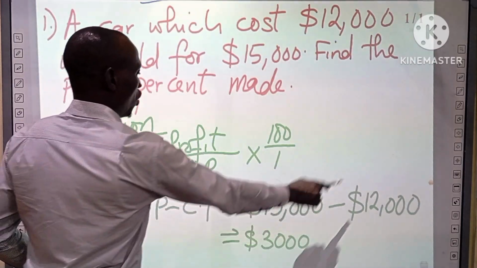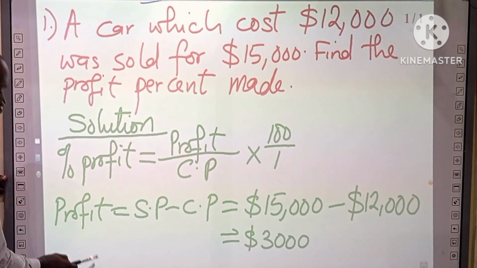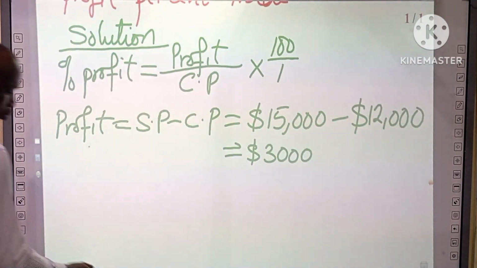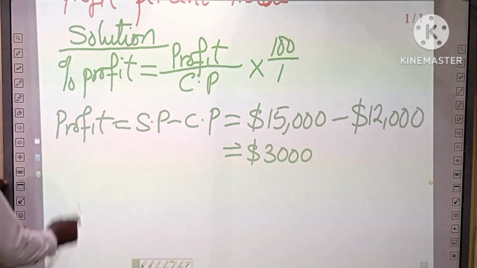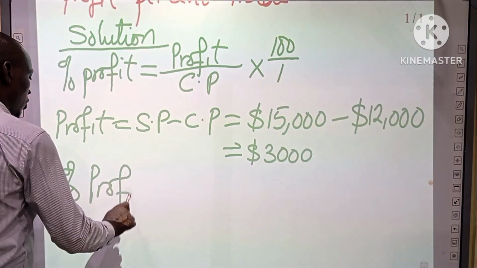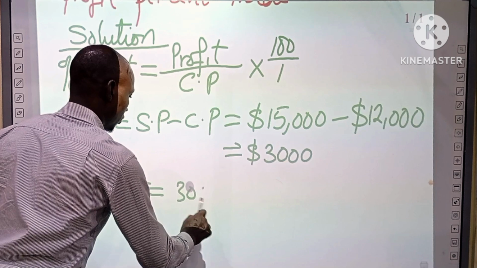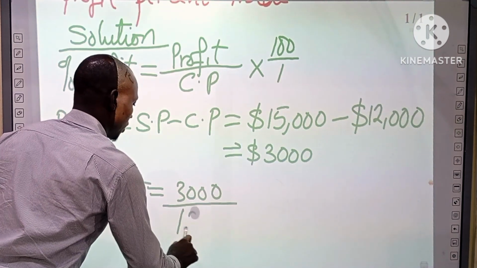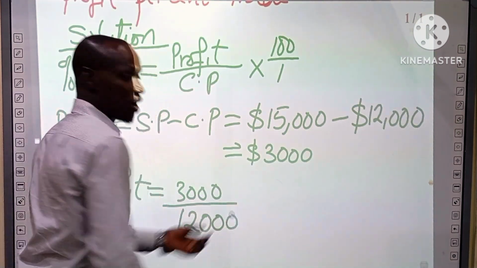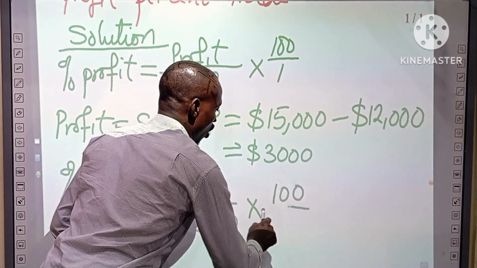The profit over the cost price times 100 all over 1. So we go straight to input this into the formula. Percentage profit will be equal to the profit, which is 3,000, all over 12,000, which is the cost price, multiplied by 100 all over 1.